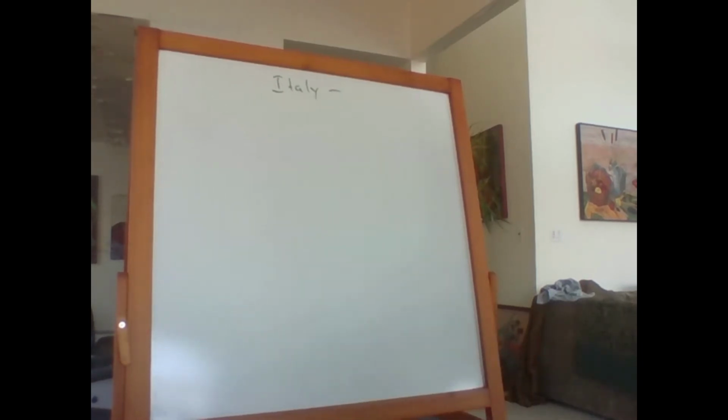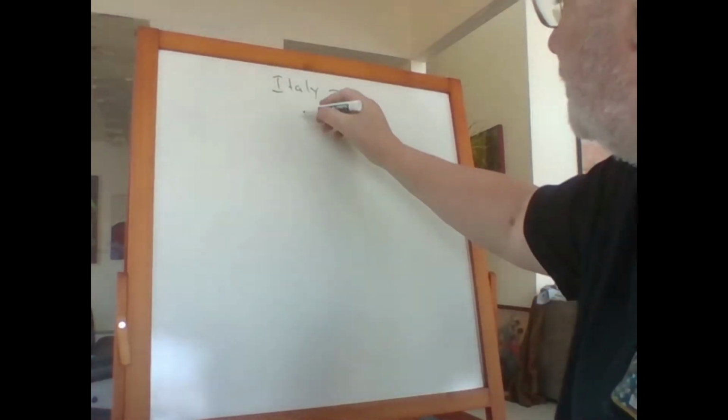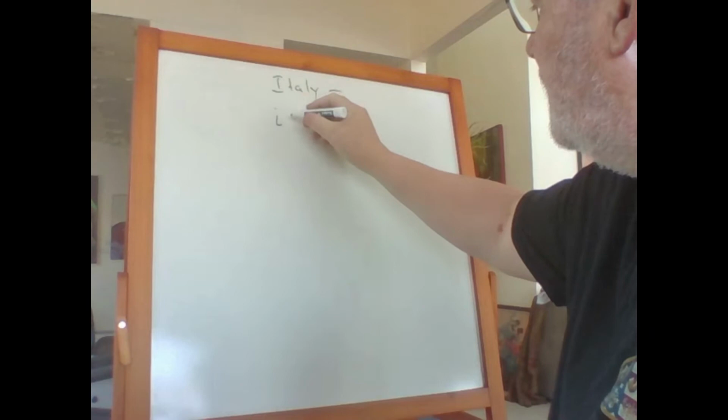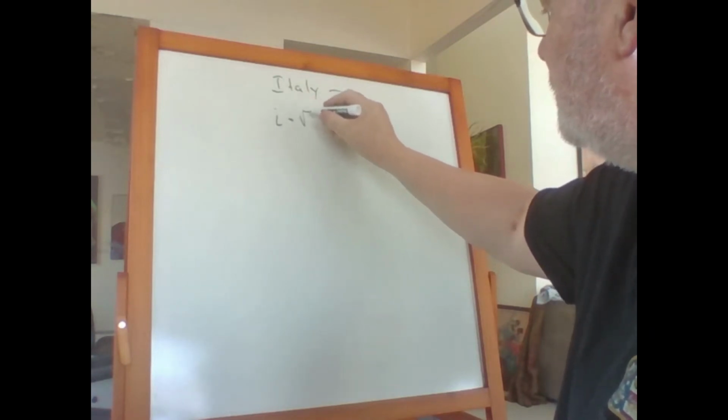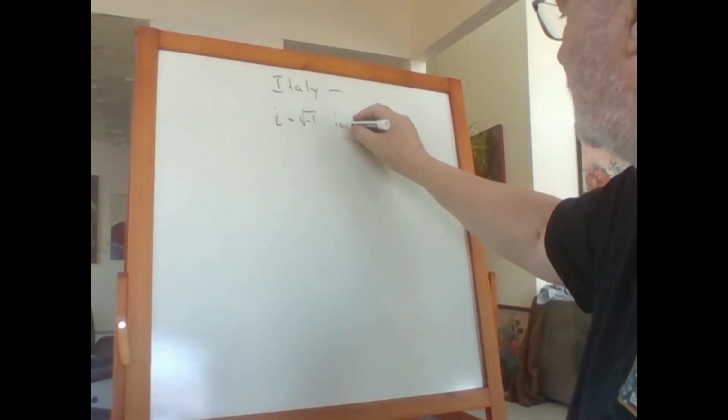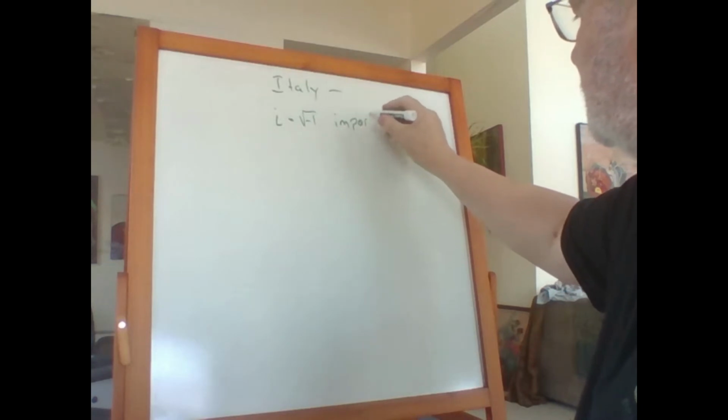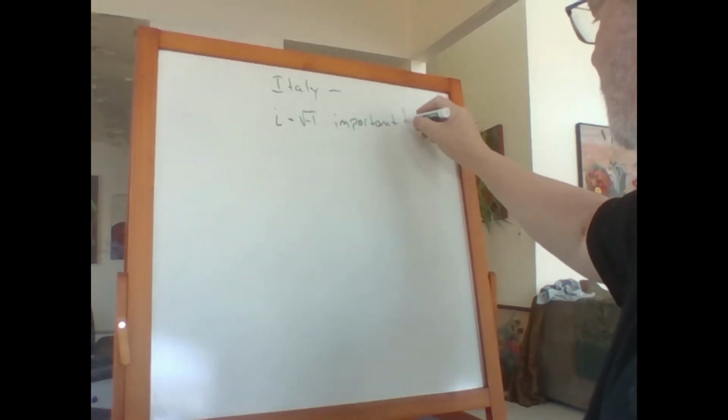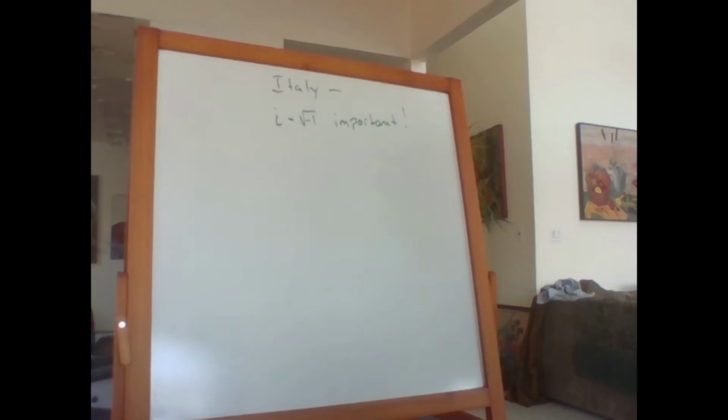So this i, i equals the square root of -1, has become very important in mathematics. One of the most important entities that has been conceived in mathematics. So much of mathematics would be impossible to solve without this i.